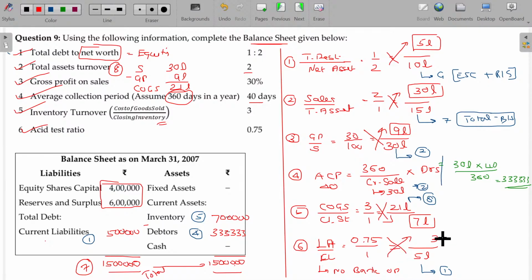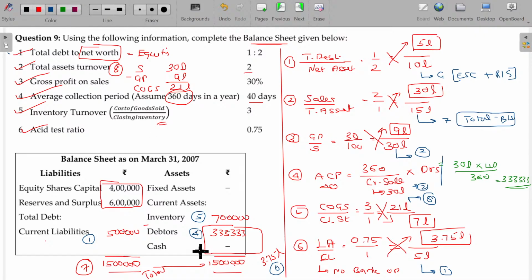3 lakhs 75,000 is the liquid asset. Liquid asset is nothing but total of debtors and cash. 3.75 lakhs. We got the 3.75 lakhs in working note number 6.